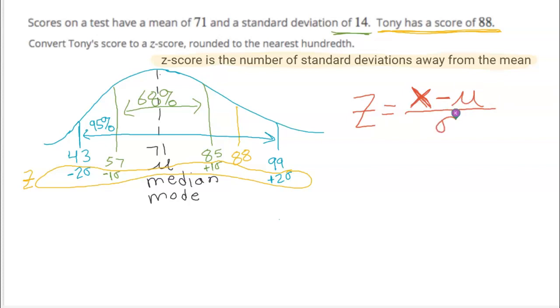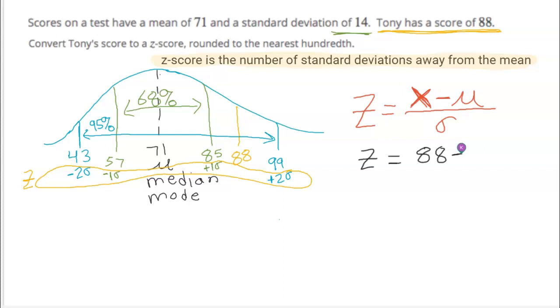So in this case, let's plug everything in. So the x is Tony's score, so let's do that just in black. So in this case, z equals, what is Tony's score? 88. 88 is Tony's score. What is the mean? 71.